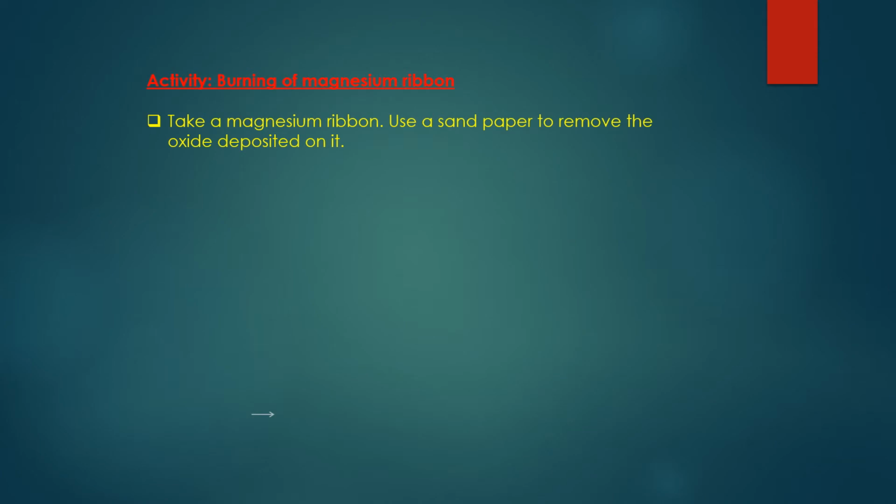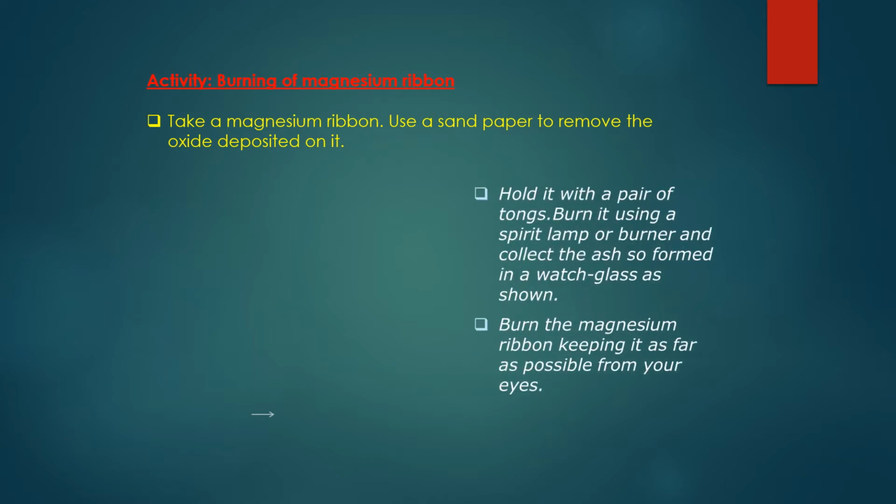Let us start the session with an activity: burning of magnesium ribbon. Take the magnesium ribbon and use a sandpaper to remove the magnesium oxide deposited on it. Clean it up, you get a shiny strip of magnesium.